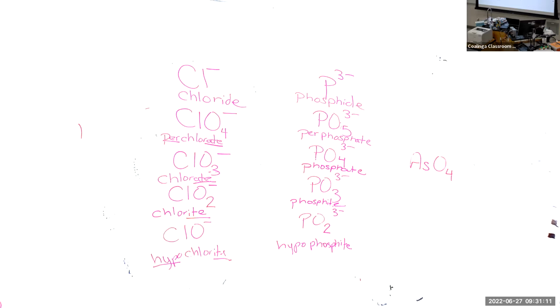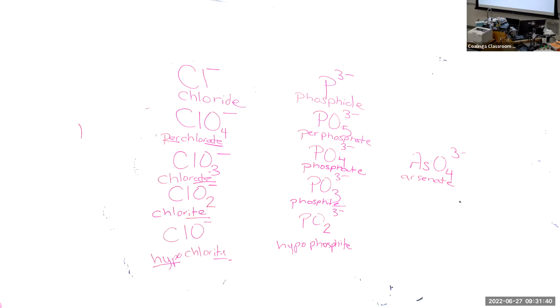If you notice, chlorine has a negative what charge associated with it? Chloride, -1, right? So anything that's in that group, we would assume would have the same charge, right? It's going to behave exactly the same way. Okay. So this guy would be called arsenate.